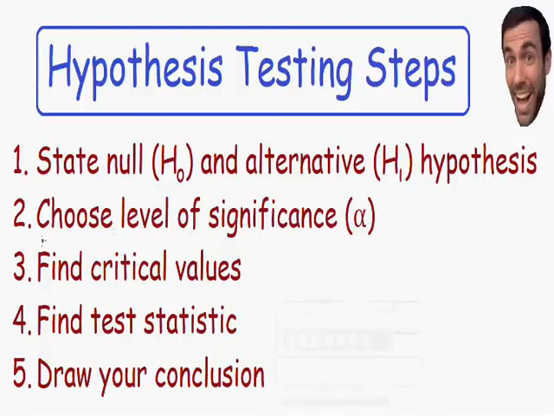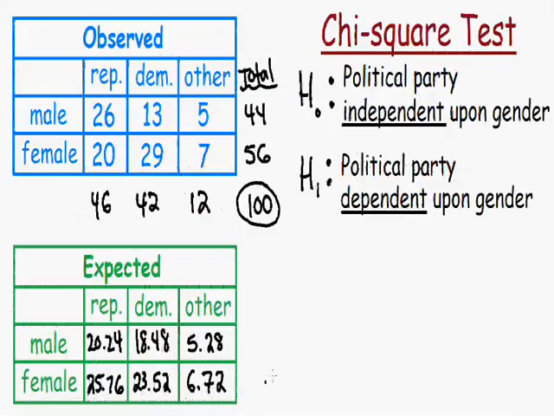Step number 2 says to choose your level of significance, which is written with the Greek letter alpha. And the level of significance is nothing more than the area in the tail. So let's go back to our example, and I'll show you what I mean by this by drawing a picture of a curve with a chi-square distribution.